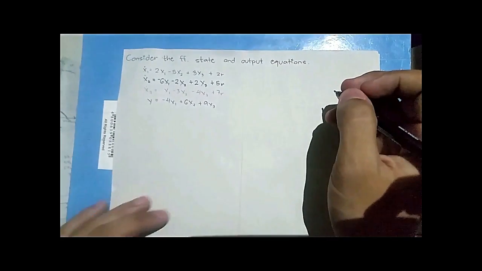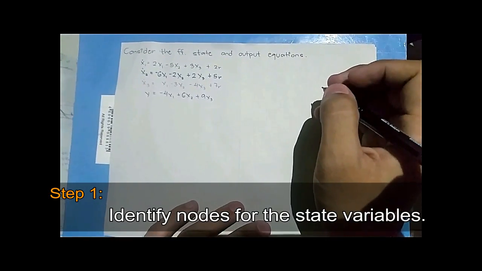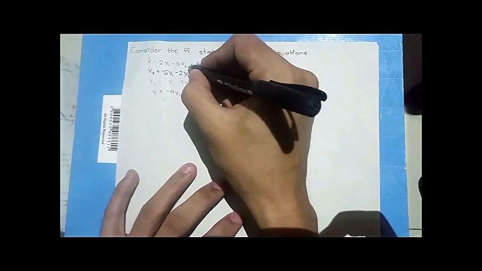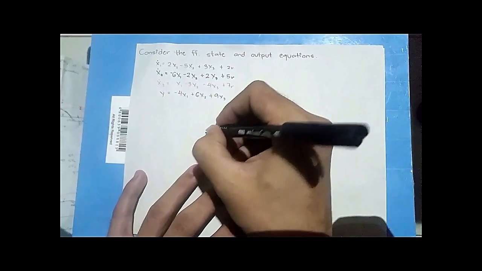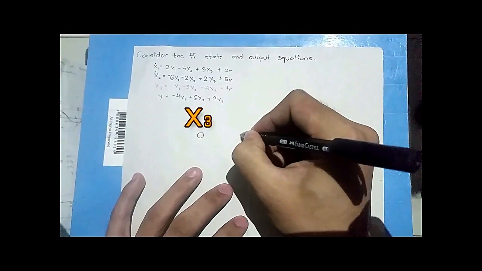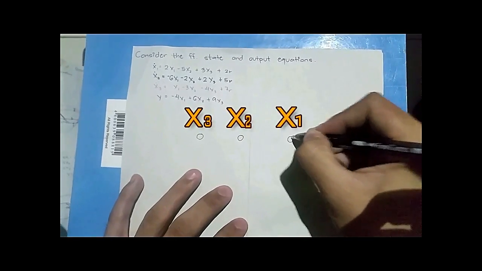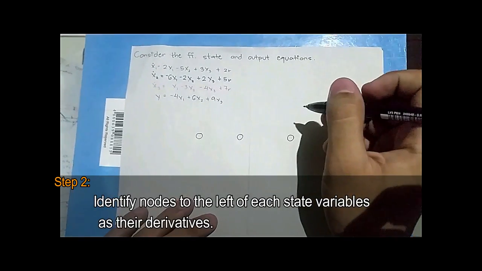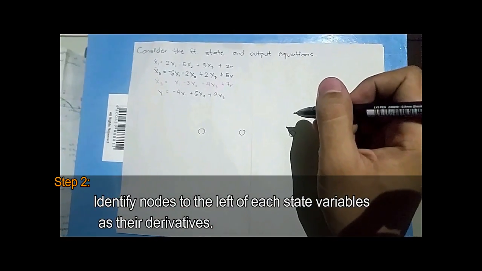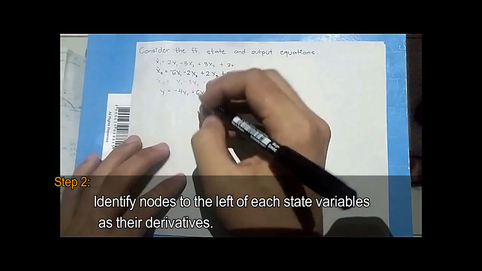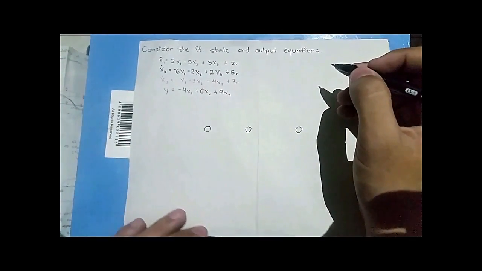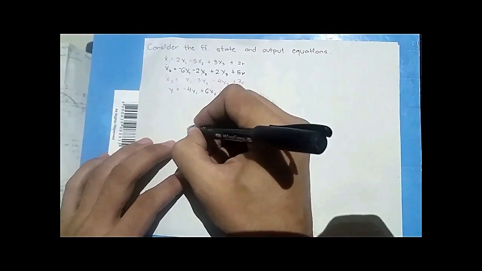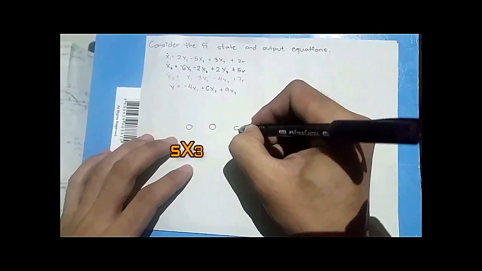So, how to convert this to a signal flow graph? First, let's identify three nodes for the state variables: X sub 1, X sub 2, and X sub 3. Also, identify three nodes to the left of each respective state variable as their derivatives: S X sub 1, S X sub 2, S X sub 3.